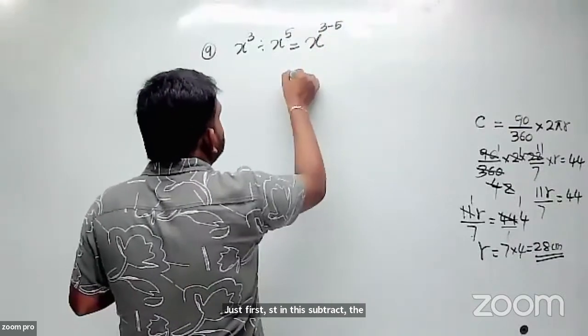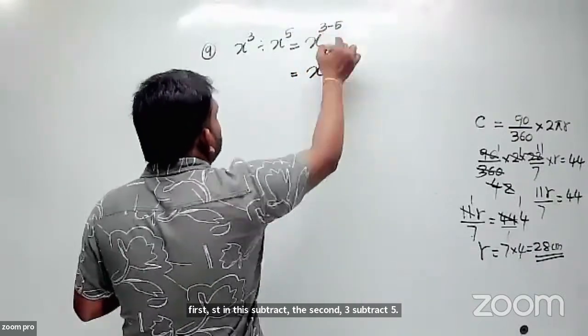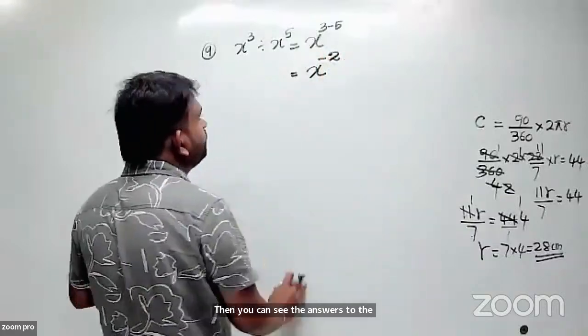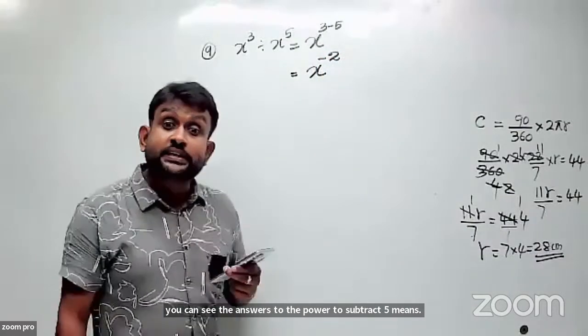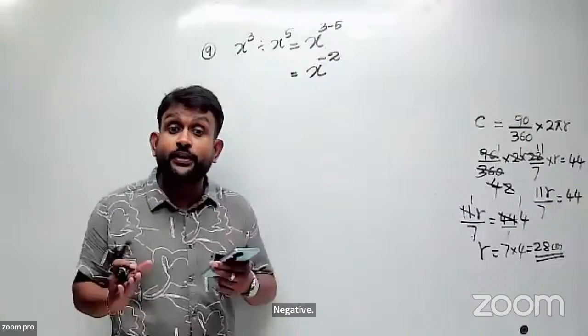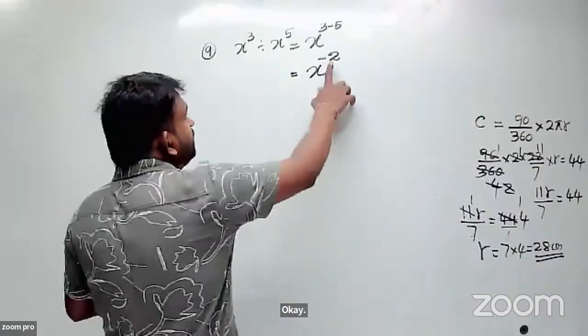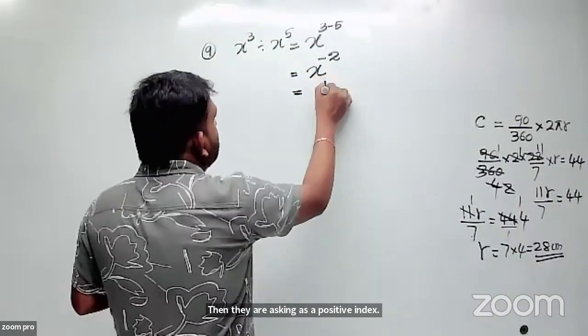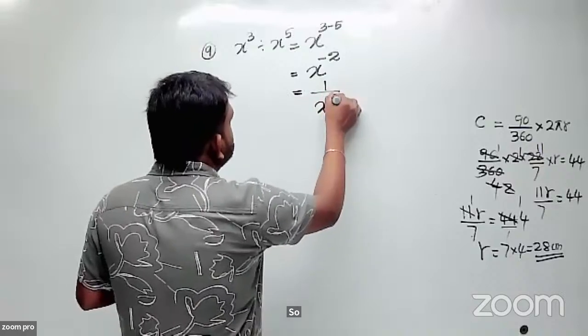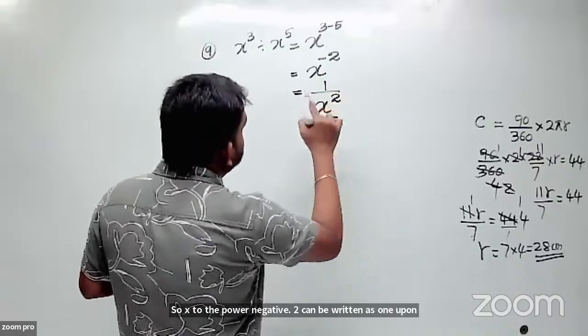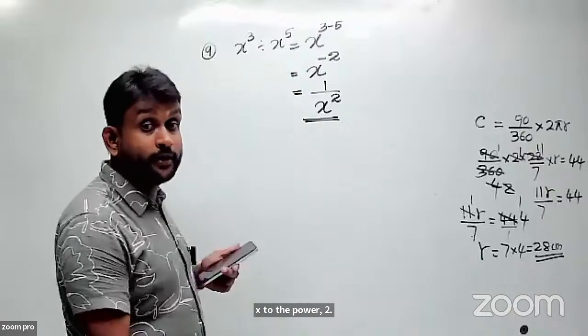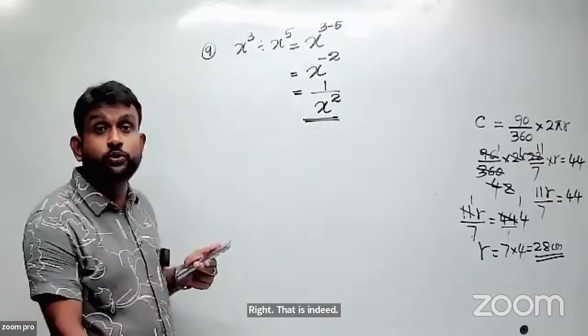The answer is x to the power negative 2. Then they are asking for a positive index, so x to the power negative 2 can be written as 1 upon x to the power 2.